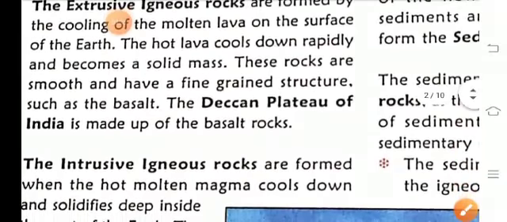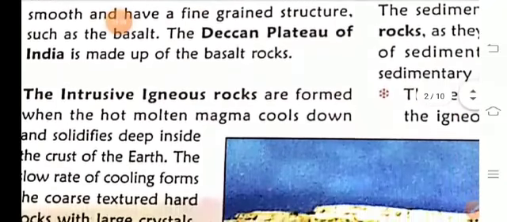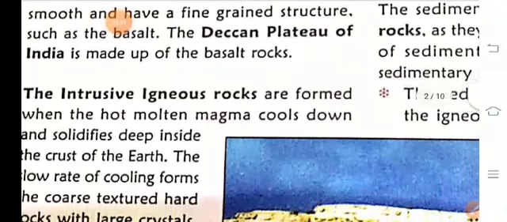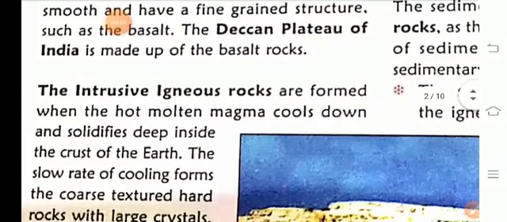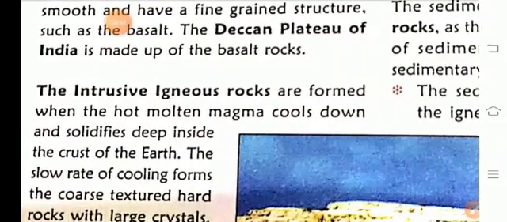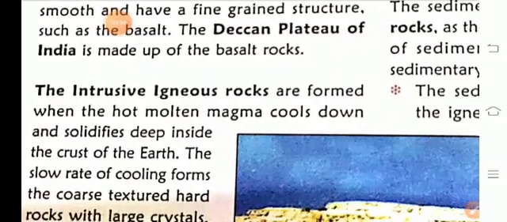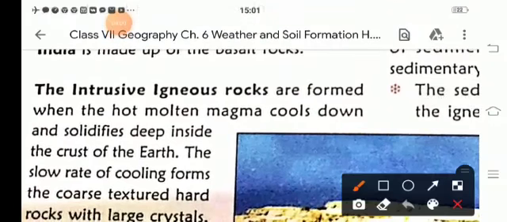Intrusive igneous rocks are formed when the hot molten magma cools down and solidifies inside the crust of the earth.